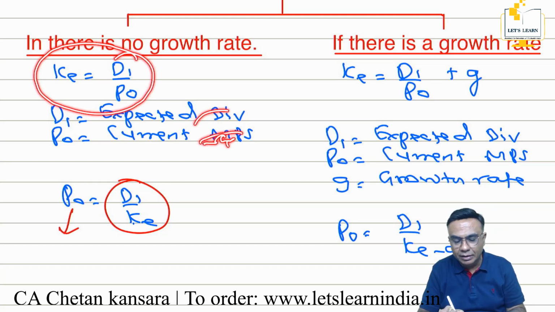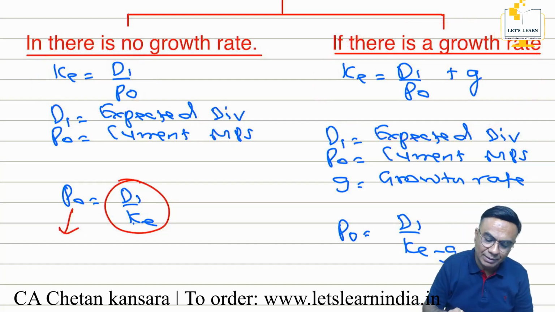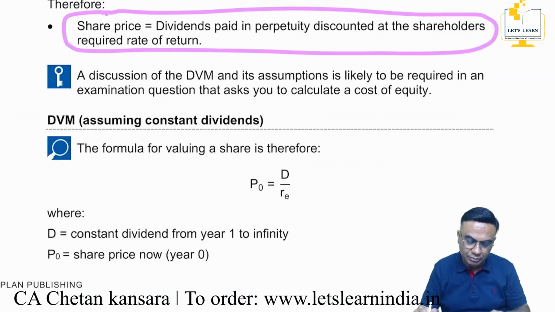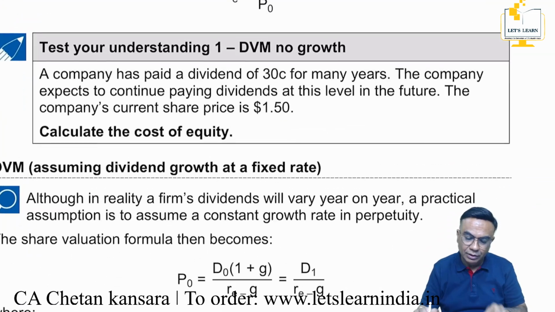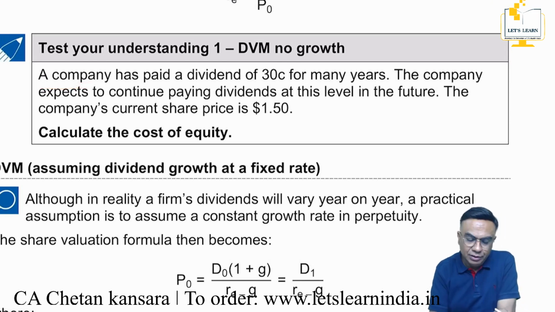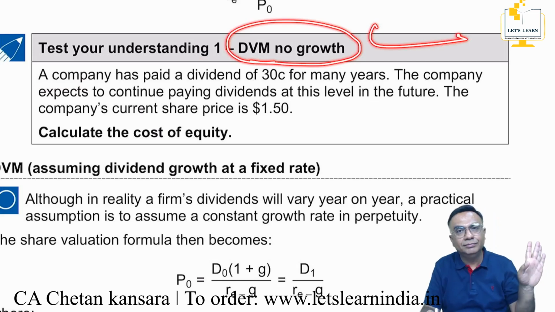Now let us take one or two examples on this and then we go for the second one. Let us take an example from the Kaplan book. Test your understanding, first one, dividend valuation model with no growth.